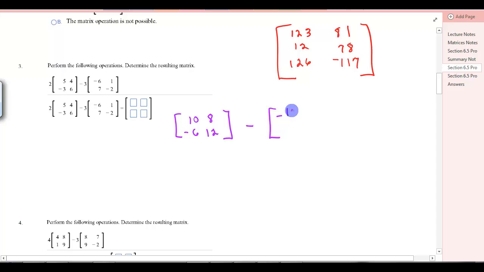I'm going to have a -18, 3, 21, -6. And then when I do the subtraction, 10 minus a negative 18, 28, 5, negative 27, and 18. So that'll be your answer for that one.